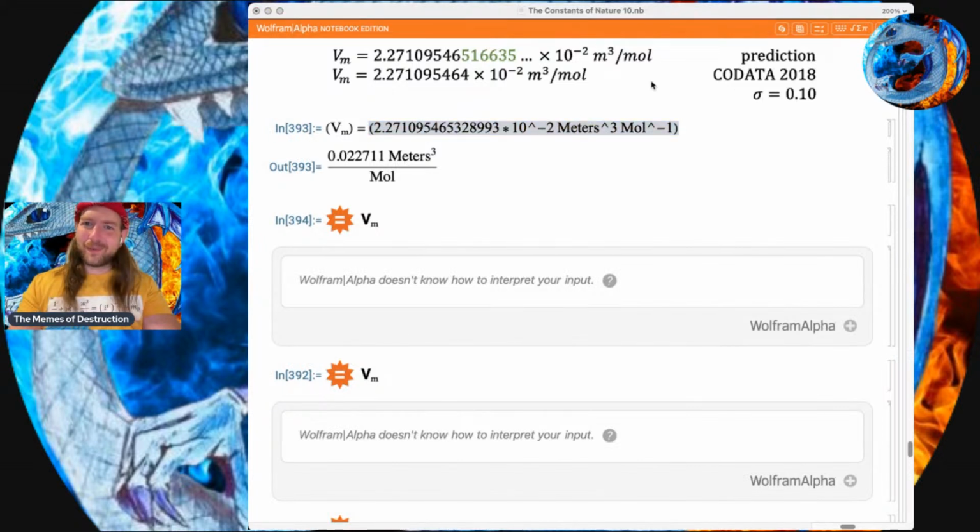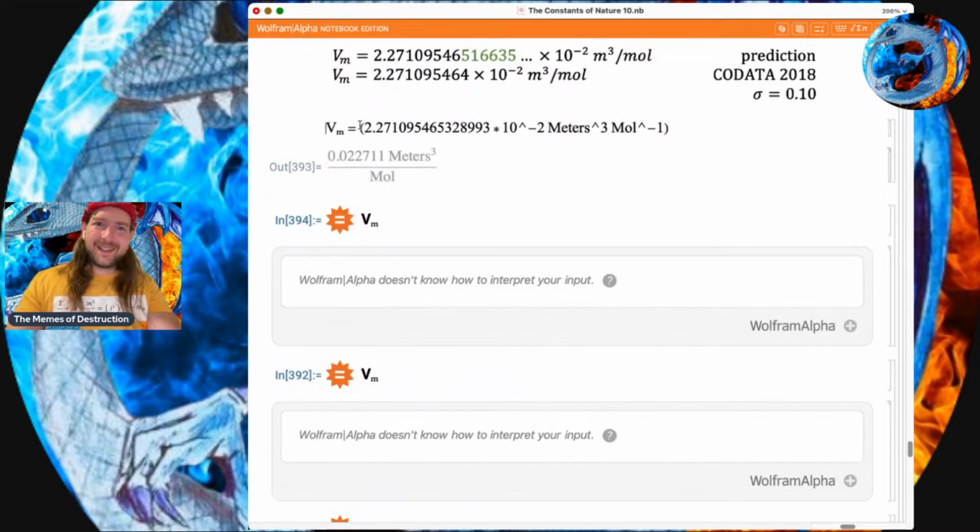Let me plug it into Wolfram Alpha. It totally understands this. What are you talking about? Why don't you want to work? Meters per mole. It totally understands this.